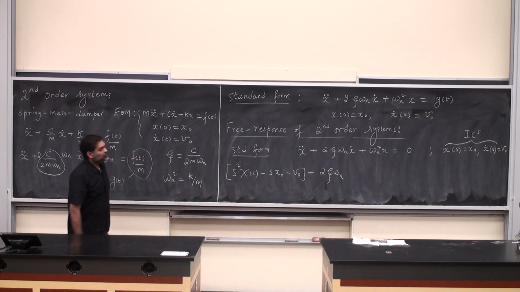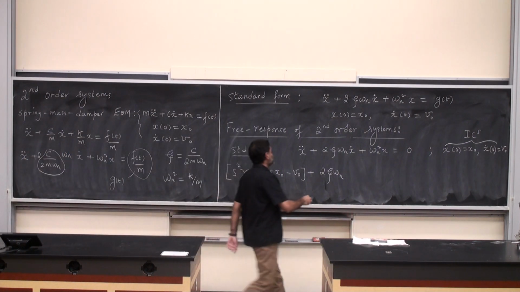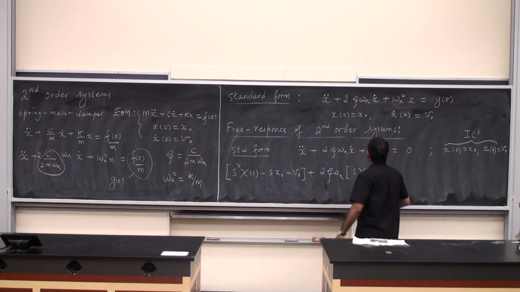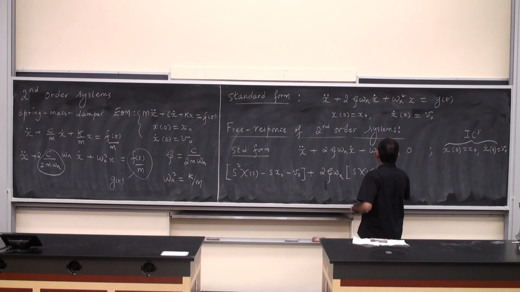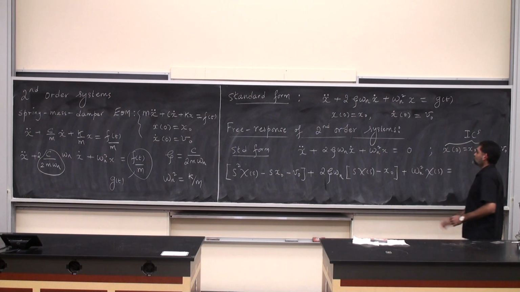Those are all terms that do not undergo any Laplace transformation. X dot has the following Laplace transformation: s times X(s) minus x of 0, which is x naught, plus omega n square times X(s). Laplace of 0 is 0.